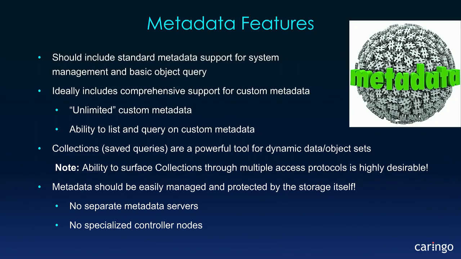So be really clear what the metadata facility is in an object storage system that you're looking at, and how it's going to scale: whether the only way that it will scale will be vertically, like getting a larger and larger node or larger and larger server, or whether it can scale horizontally.